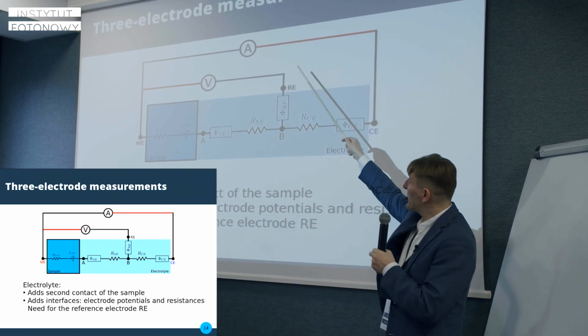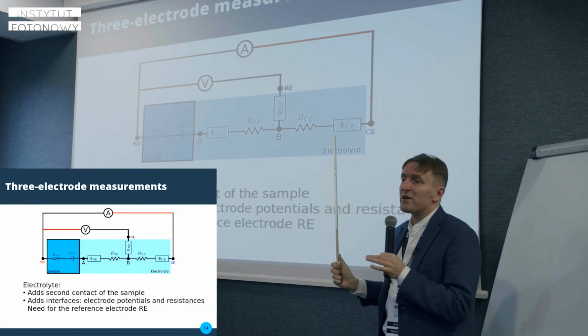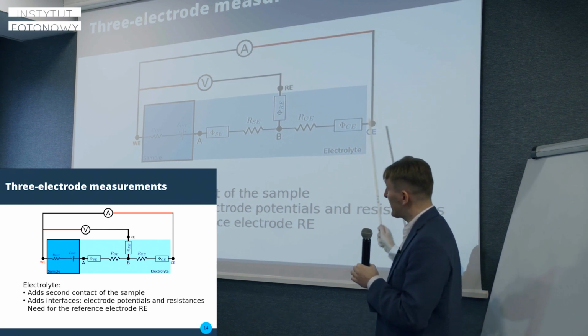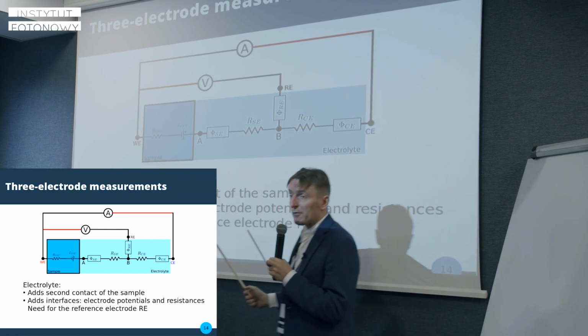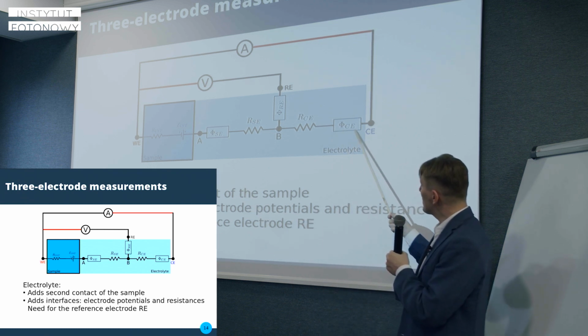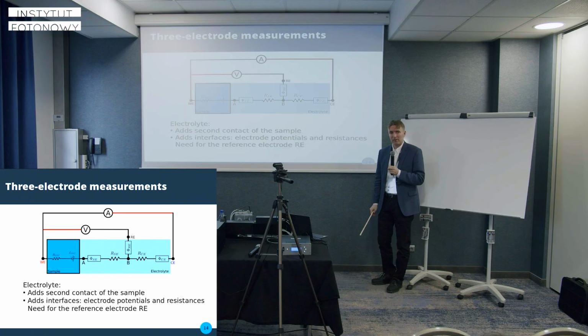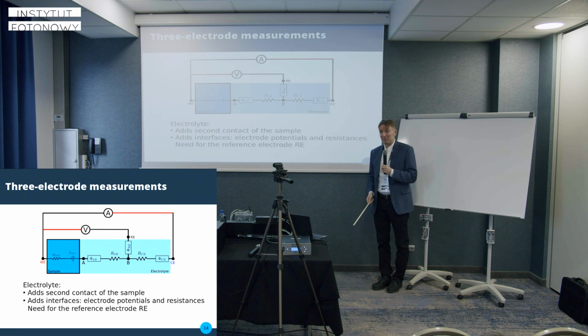But if there is a current going, then if we measured, as before, the potential between CE and WE, we would have to account for the potential drop on the interface, platinum and electrolyte. And we don't want to, and this potential is tricky. It will have an abundance of effects coming from nonlinearities. It will depend on the history of the sample too. So we want to get rid of that.